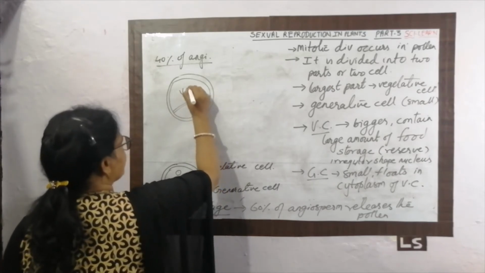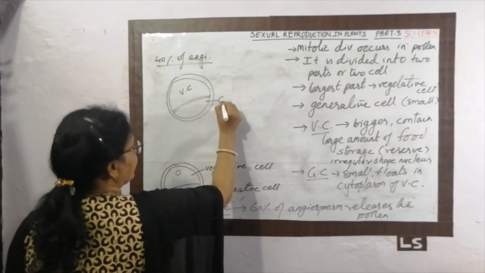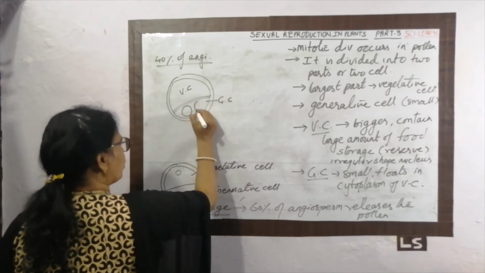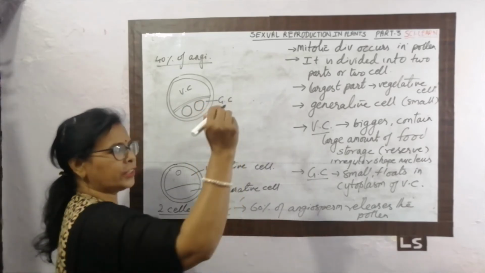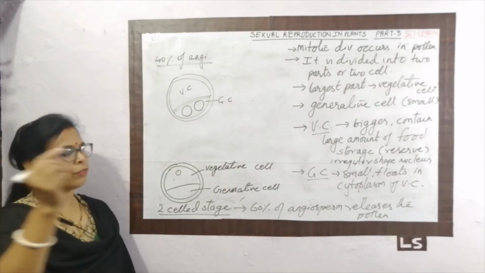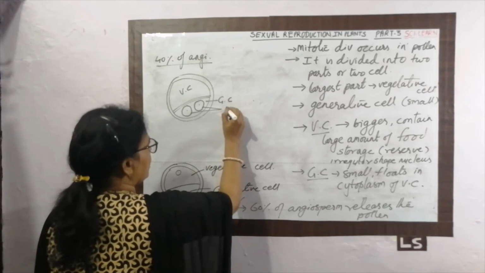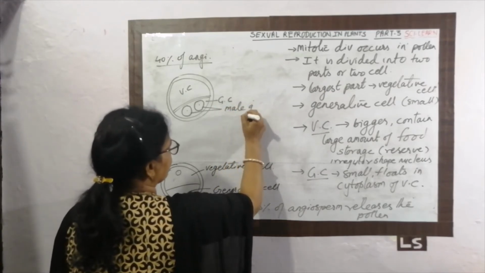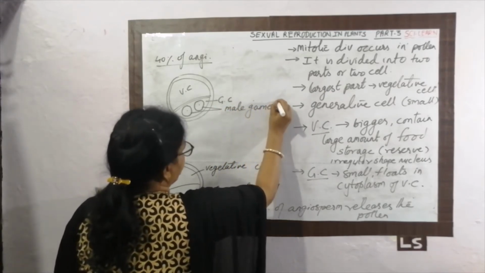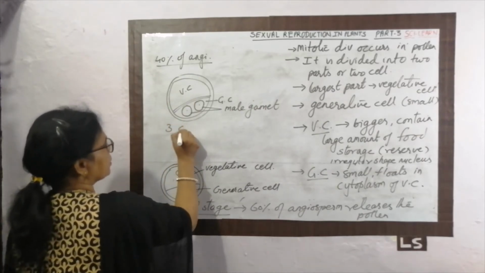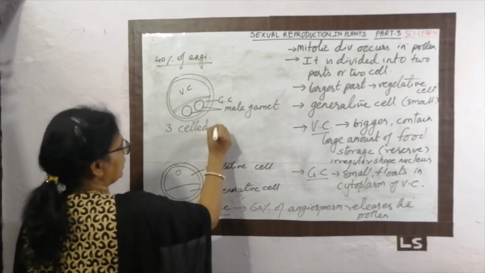This is the vegetative cell, and this is the generative cell. The generative cell further divides to form two male gametes. This is called the three-cell structure, the three-cell stage.